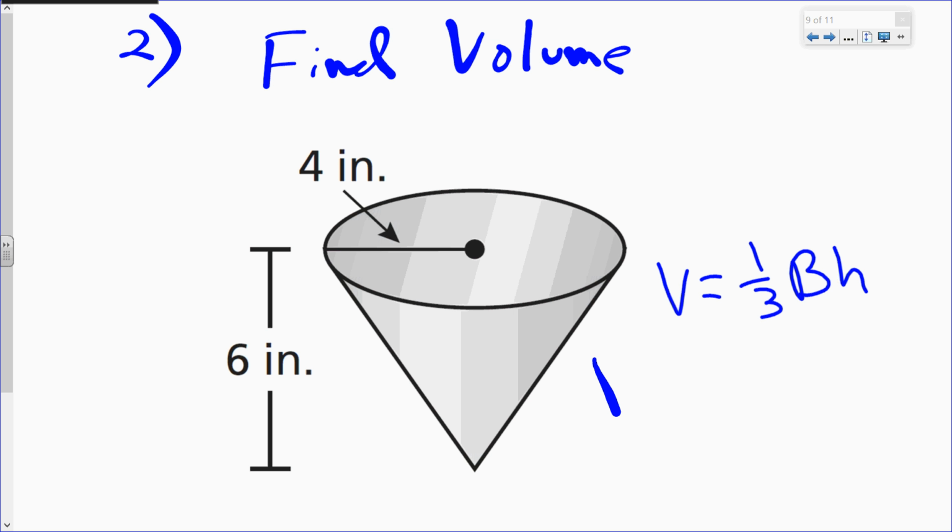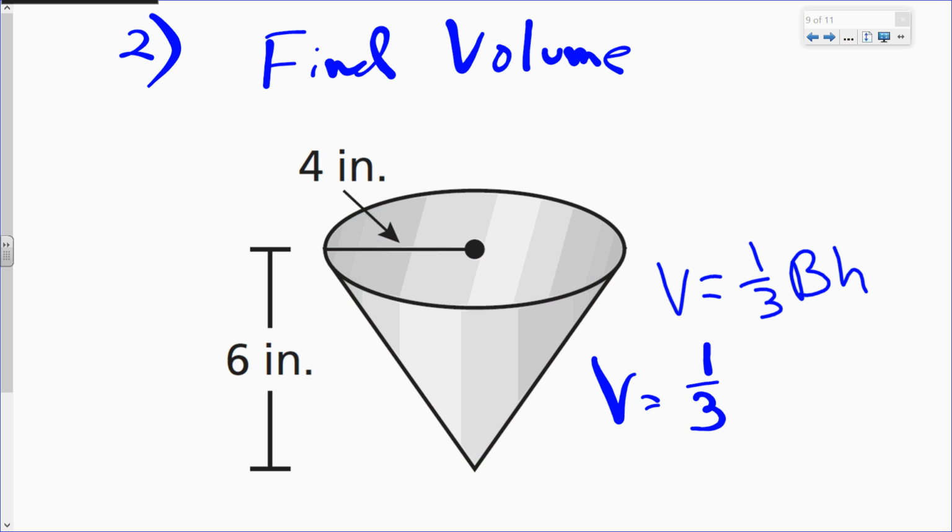Volume then, 1/3. What is the area of the base? Right, so what's the area of the base?